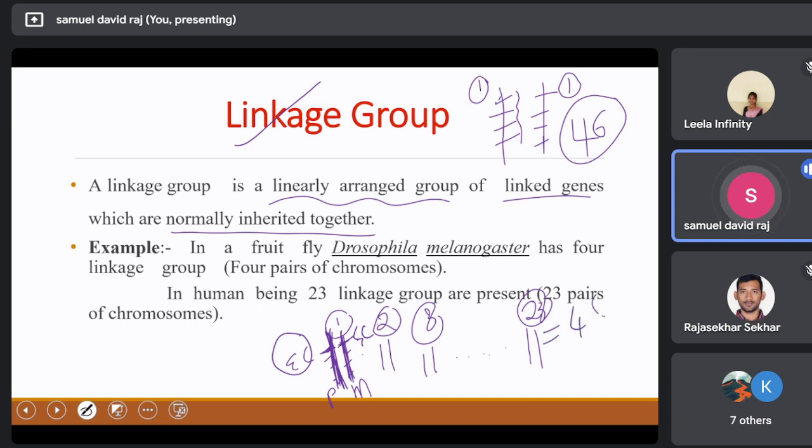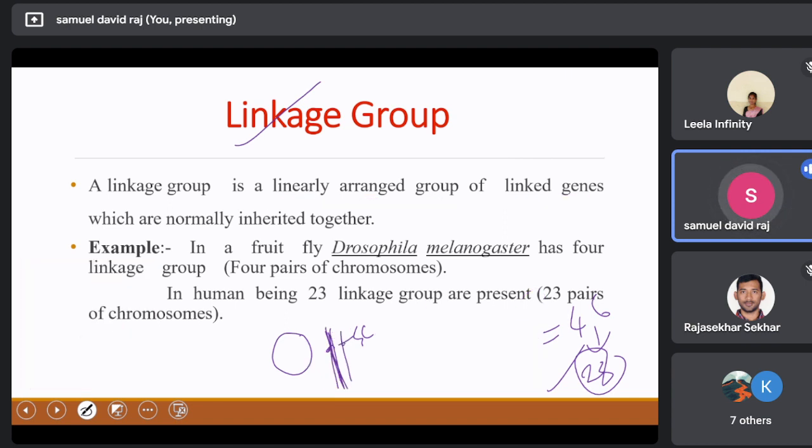We can make it simple. There are 46 chromosomes. The haploid number is 23, and the linkage groups are 23. As simple as this: in a diploid individual, the linkage groups equal the haploid number of chromosomes.